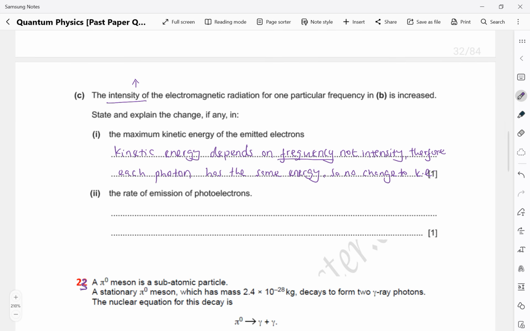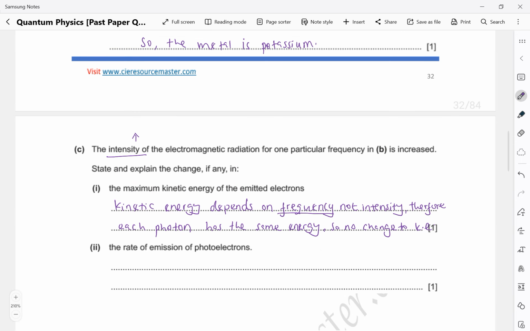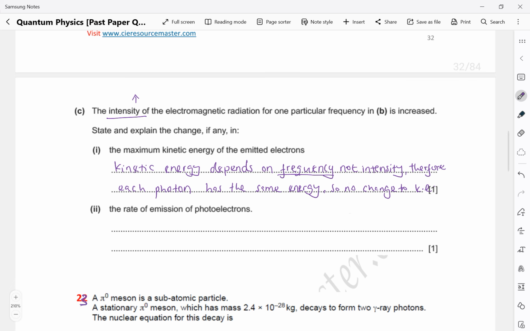Then the rate of emission of electrons. Of course, increasing the intensity means that more photons are incident on the surface per unit time. Therefore, the rate of emission increases.